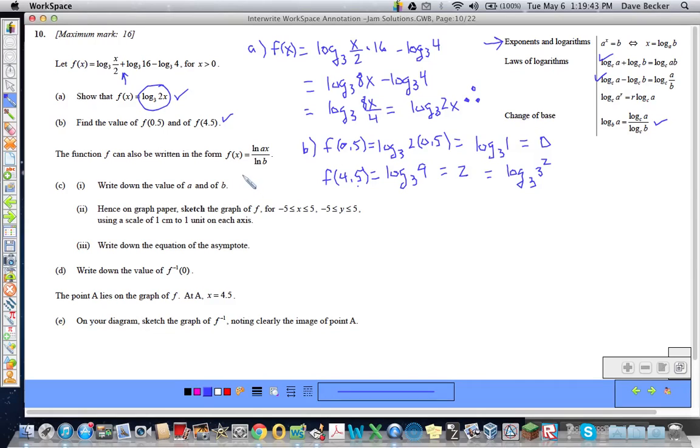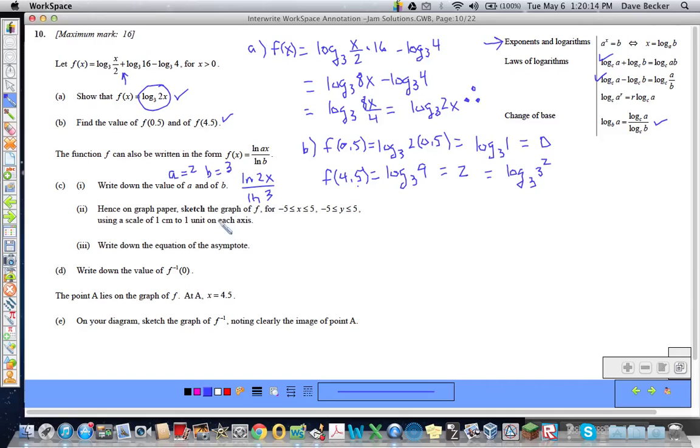So I can rewrite this as natural log of 2x over natural log of 3. The 2x comes from right here, the a, and the b becomes what we're taking the log of. So therefore, a is equal to 2, not 2x. A is the coefficient of x, and b is equal to 3.